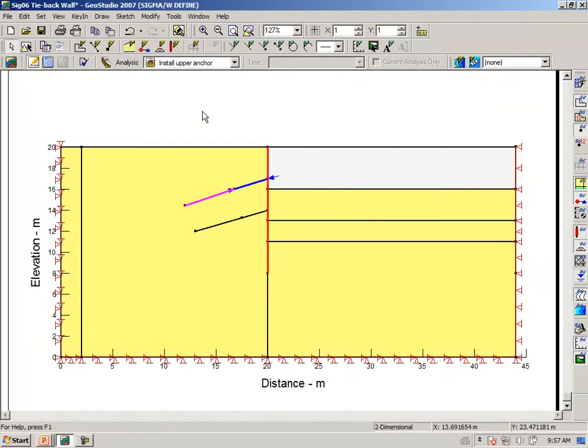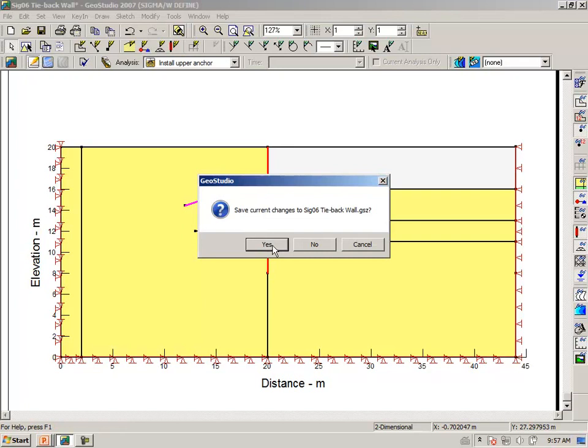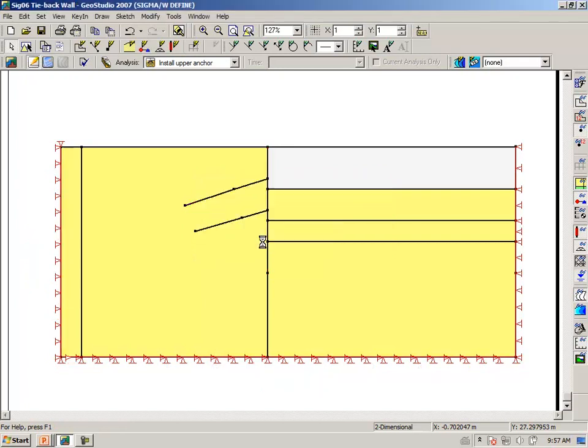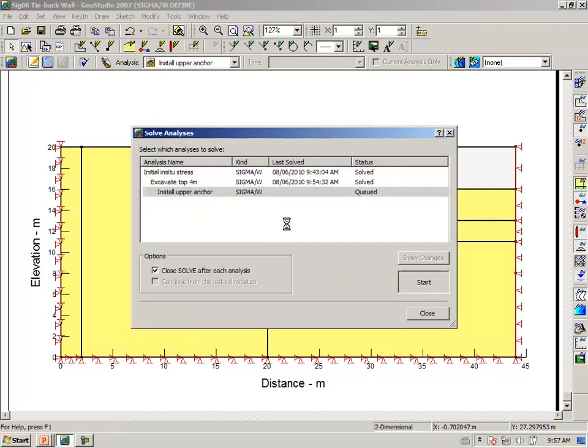So we have installed our upper anchor and pre-stressed the anchor. We should be ready to solve this second analysis.